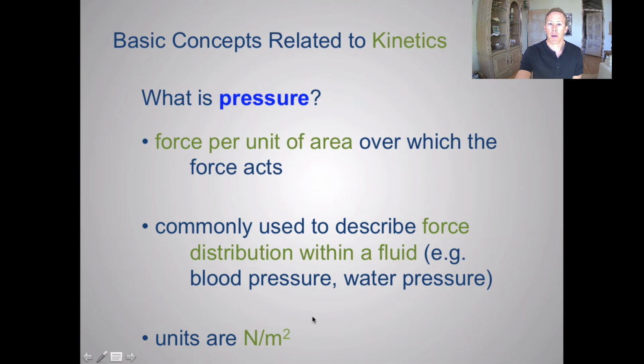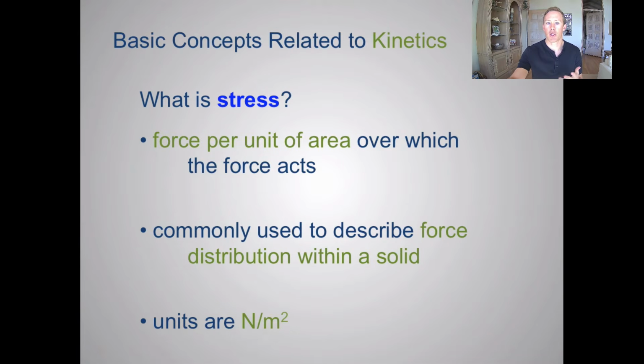The other thing that is calculated the exact same way as pressure, that I probably end up talking more about in terms of rehab and exercise, is stress. It's calculated the exact same way, so it's force per unit area. And this is usually reserved more for solids, so it's used more commonly with the human body. So again, newtons per meter squared, force divided by area. But you might think about stress in joints, so this comes up with osteoarthritis.